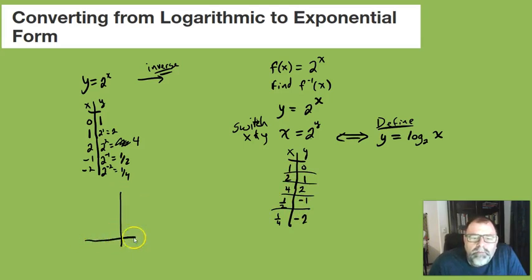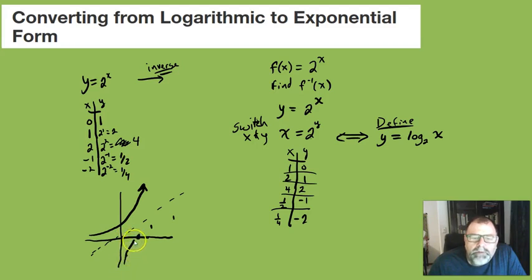And then if I were to look at the graph, remember the graphs of inverses. So if we have this one, it would be the exponential. And then through y equals x, the inverse function is going to be 1, 0, 2, 1, 4, 2, and then 1/2, -1, 1/4, -2.